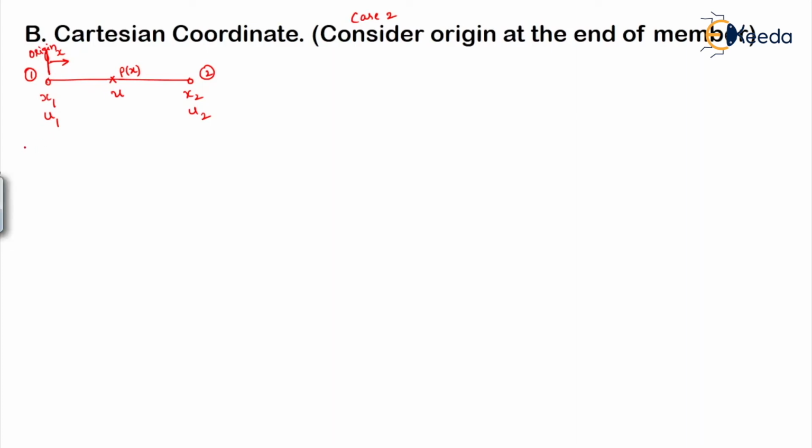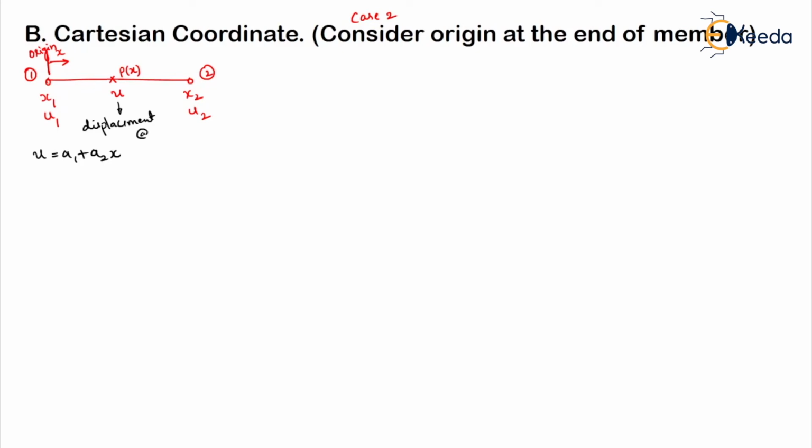Now the same process we need to repeat, but there is a slight variation here when we apply the boundary condition. So now let me take the displacement at P of x as u. So u will be equal to a1 plus a2 x. So this is u, the displacement at point P of x.